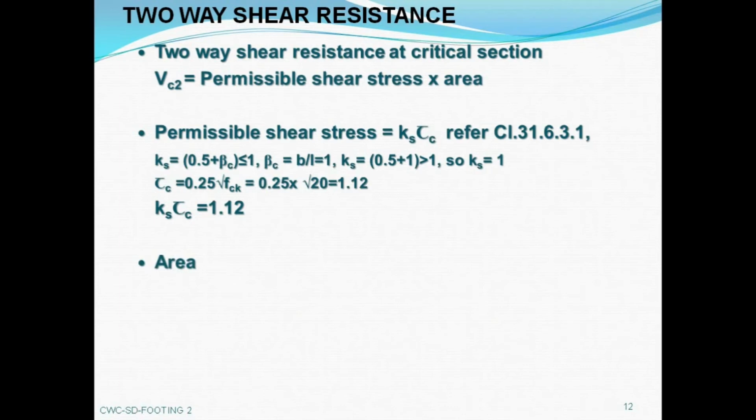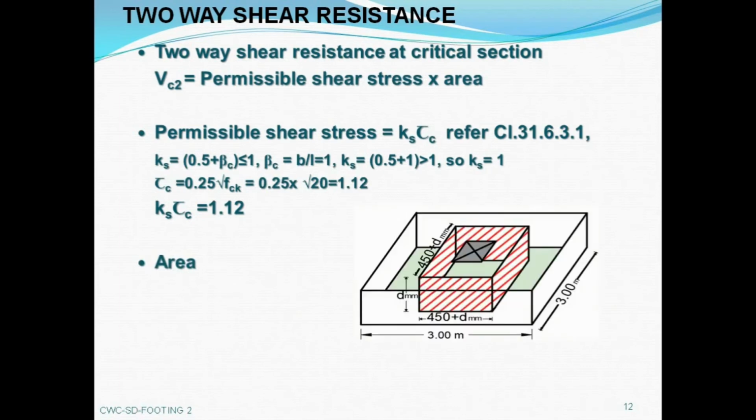Next is the area. In the figure, you can see 4 vertical planes shaded. Area of all these 4 vertical planes together will give you the area to be considered for the two-way shear resistance calculation.